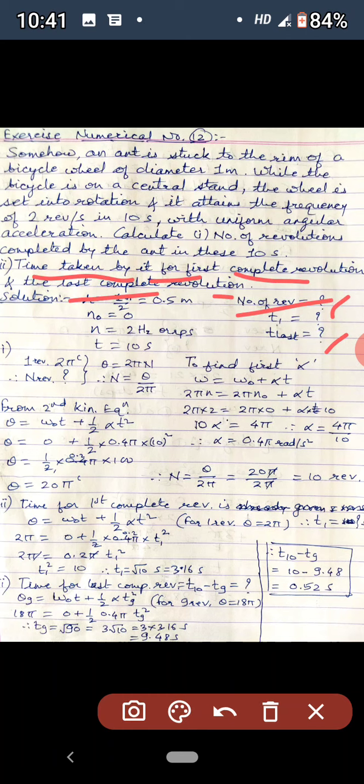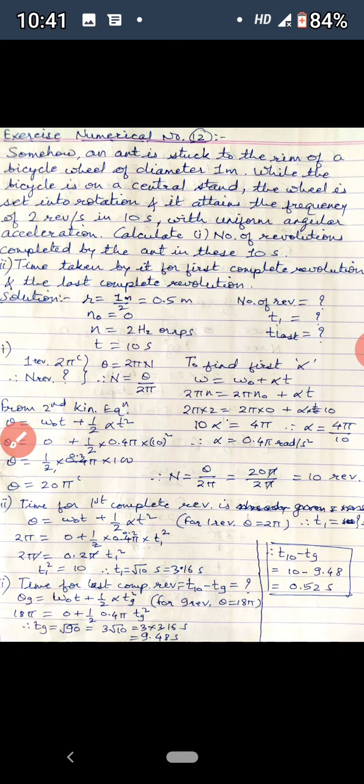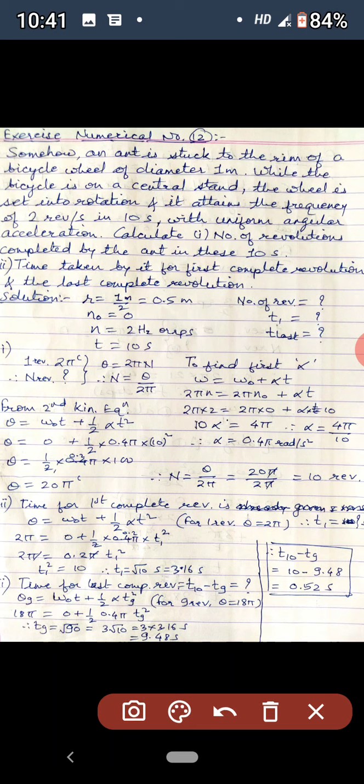Let us try to solve this numerical. First of all, we will see the number of revolutions here. For one revolution, 2 pi radian is the angle. Therefore, for n revolutions, how much is the angle? We have seen already, theta is equal to 2 pi n. So therefore n becomes equal to theta upon 2 pi.